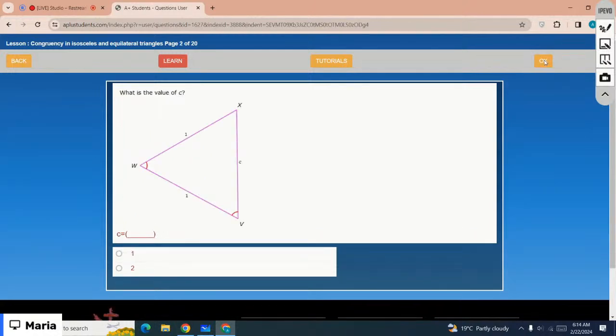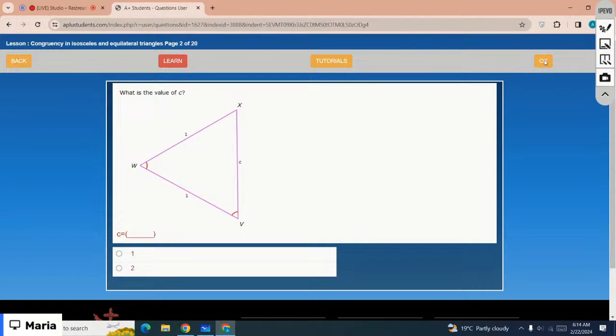Okay, what is the value of C? You are given XW equals 1 and VW equals 1, right? And angle V and angle W are marked with the same signs, right?